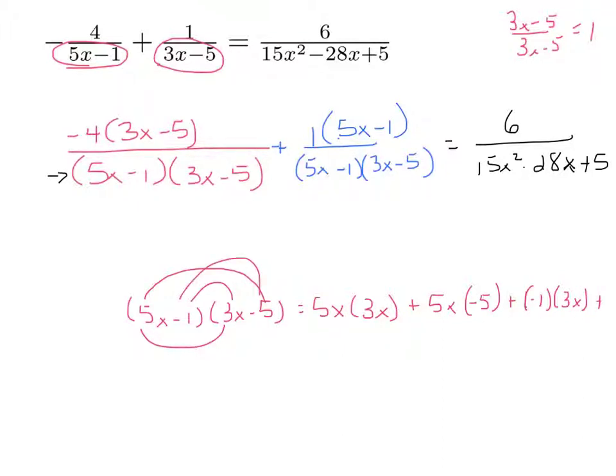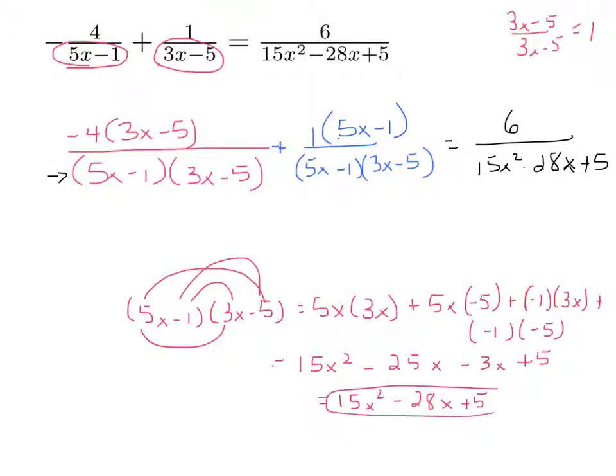And the last, which is negative 1 times negative 5. And that gives me 15x squared minus 25x minus 3x plus 5, which is the same as 15x squared minus 28x plus 5.